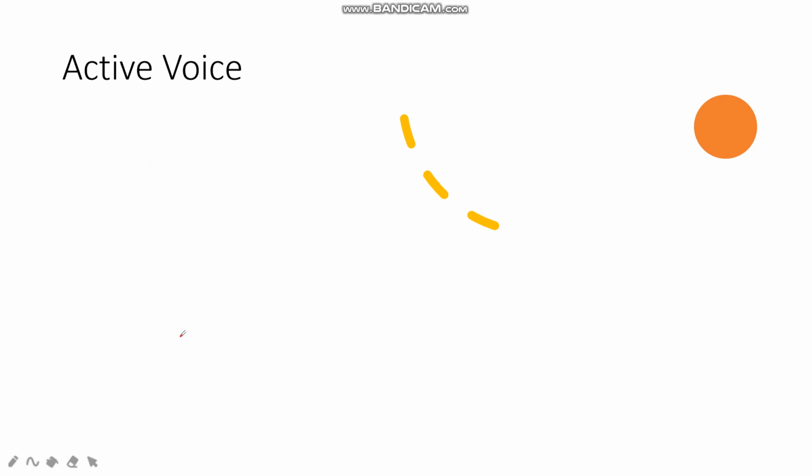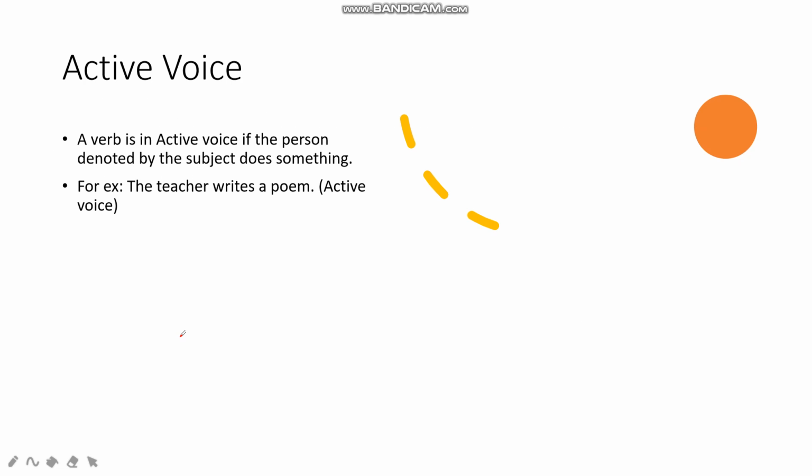Now that we know about voices, let us see what is an active voice and what is a passive voice. In a sentence where the subject is performing an action and the object is the receiver of this action, it is considered to be in active voice.